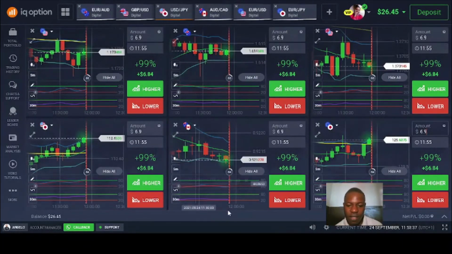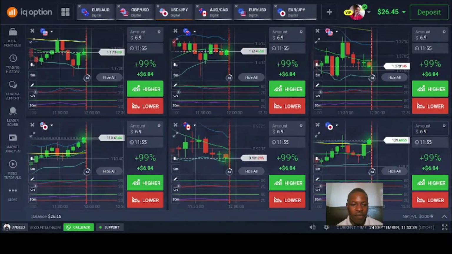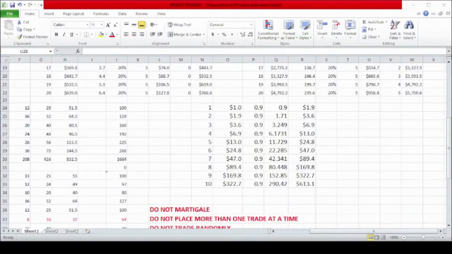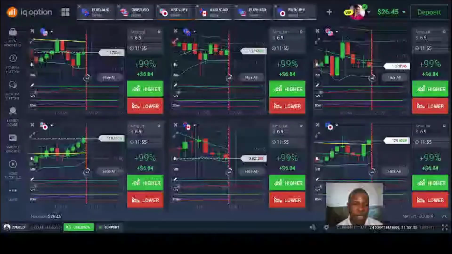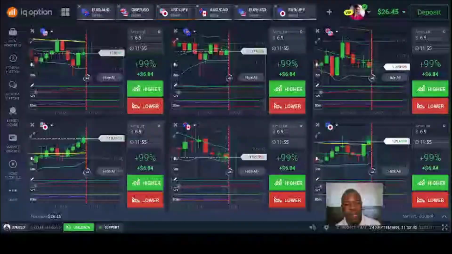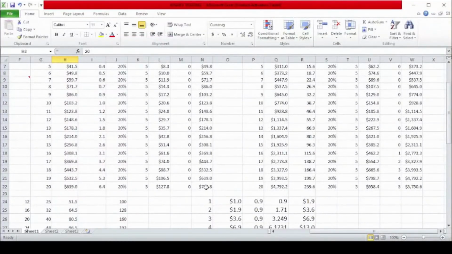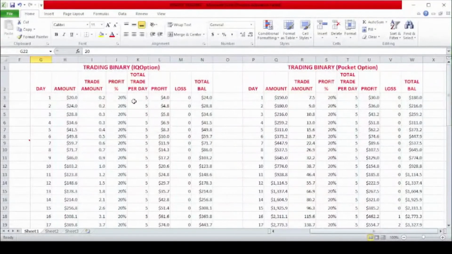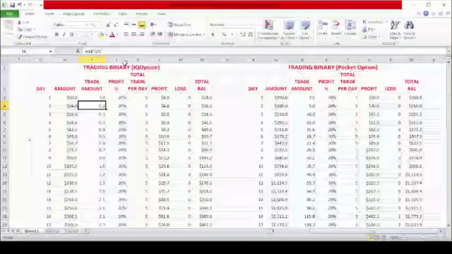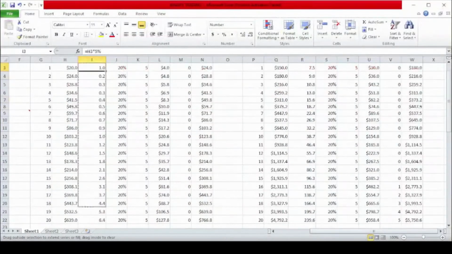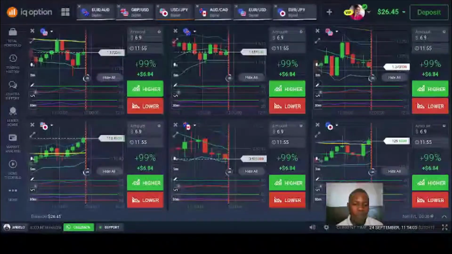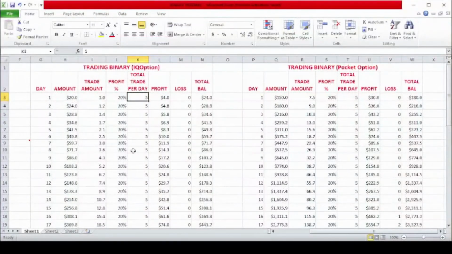It's not advisable. You can see what I have here in my Excel worksheet. Here I have a capital of $20 and I'm aiming to achieve $766 in 20 days, taking just 20% of it each day. But please, this is supposed to be 5% because it was adjusted. So I'm to take just 5 trades in a day.